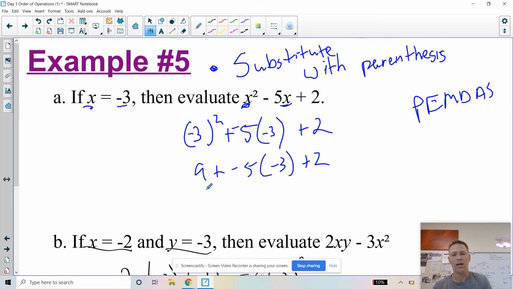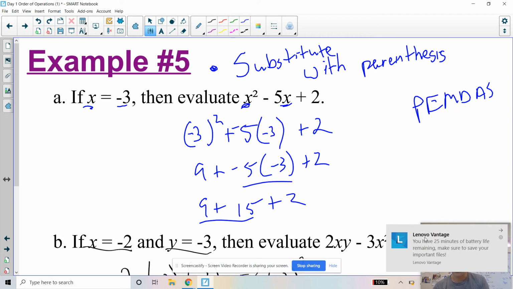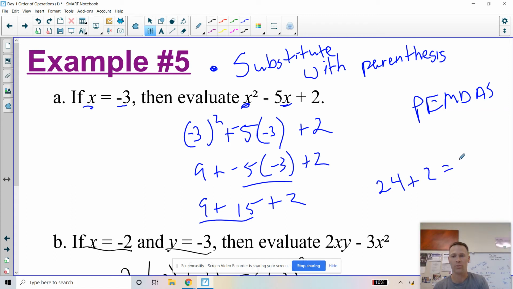Okay, so now I have to evaluate multiplication, 9 plus 15 plus 2, and now I have just addition. So 9 plus 15, that is going to give me 24, and then 24 plus 2 is equal to 26.